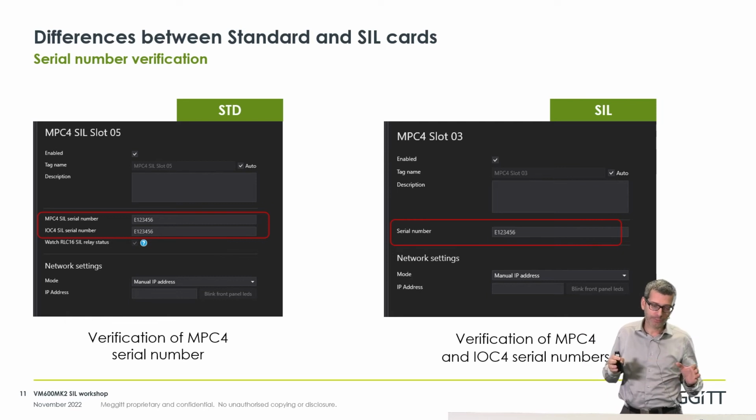In the case of the SIL, if you replace the IOC4 with a new one, the firmware will detect that the serial number in the configuration doesn't match the serial number actually on the card and will go to safe state. On the standard version, that will not happen. You can freely replace the IOC and the system will continue doing its protection function.